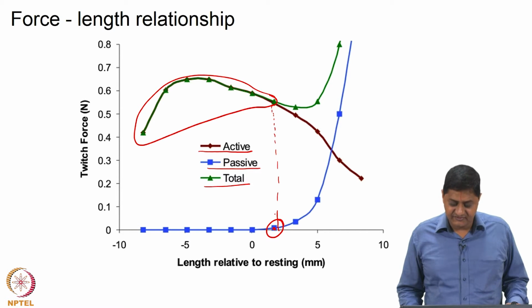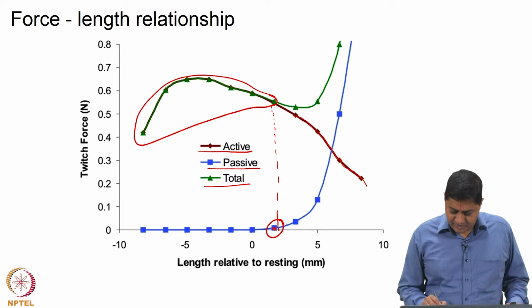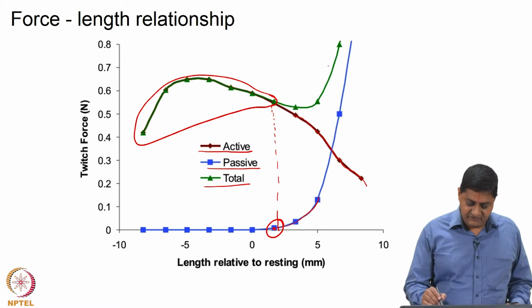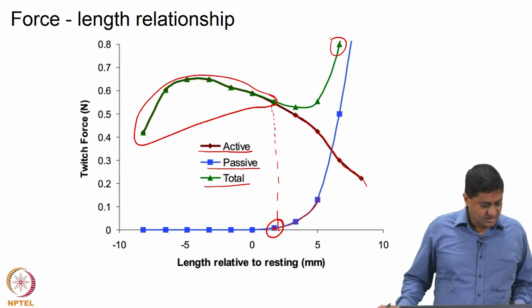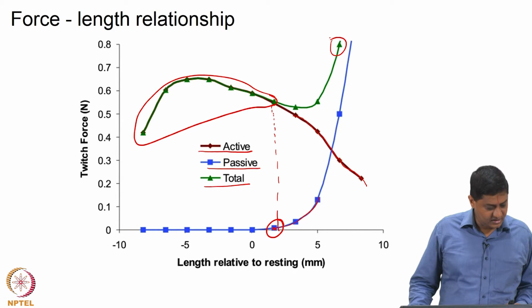So, there is passive response. There is also active response, but then the active response seems to drop off after some time, then the passive response starts increasing. Combined together, basically there is a relatively strong resistance beyond a particular length. Beyond an acceptable length, there is going to be a great resistance, which is basically a combination of both active and passive resistance.